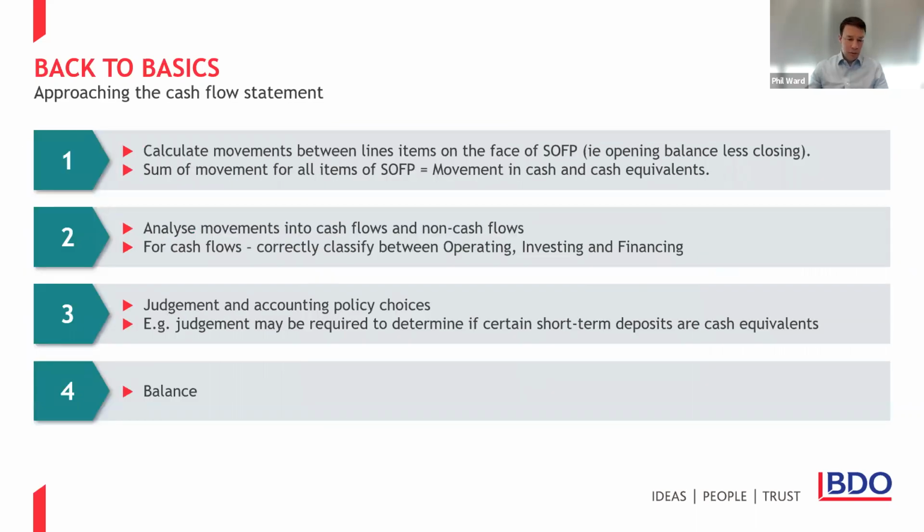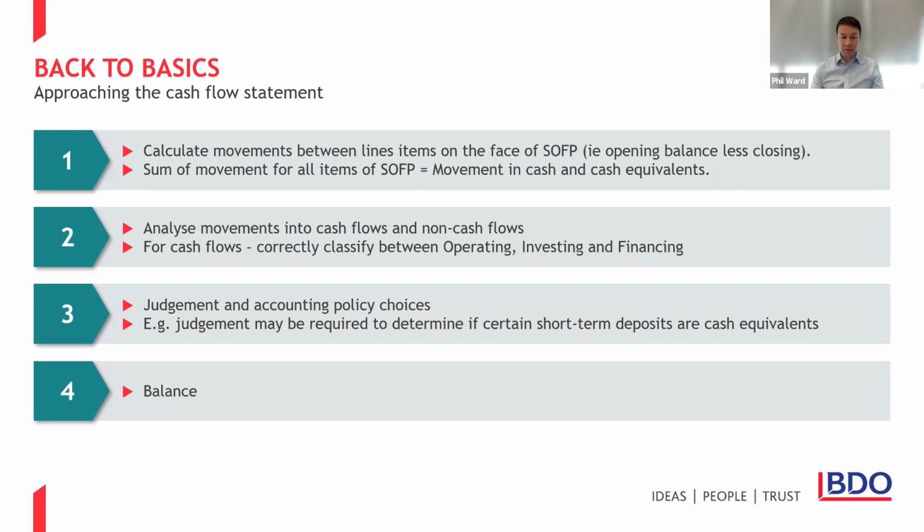So how do we approach preparation of a cash flow statement? I'm sure many of you have seen and used cash flow Excel workbook templates for preparing a cash flow statement. So these schedules are all slightly different, and some are better than others, but what they all have in common is they show the opening and closing balance sheet items side by side and the difference that then needs to be allocated into the different areas of the cash flow statement.